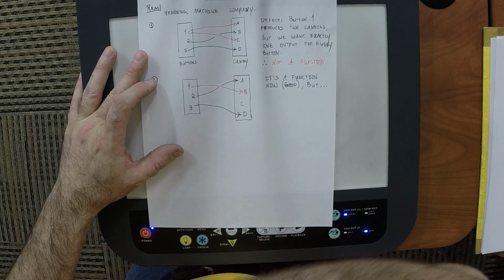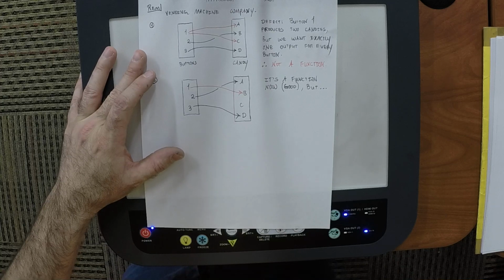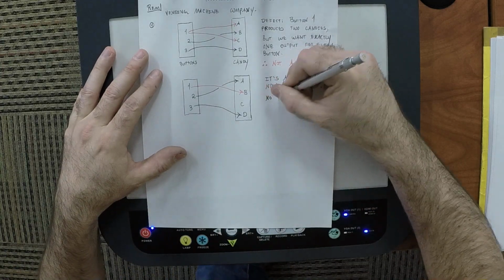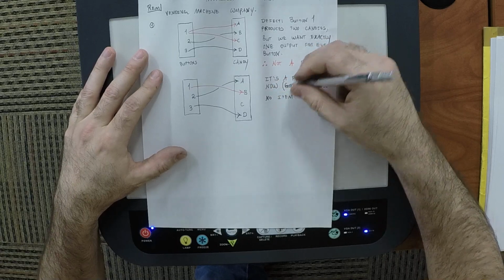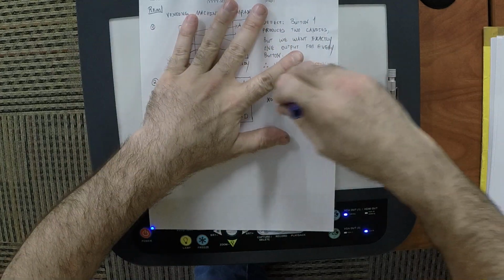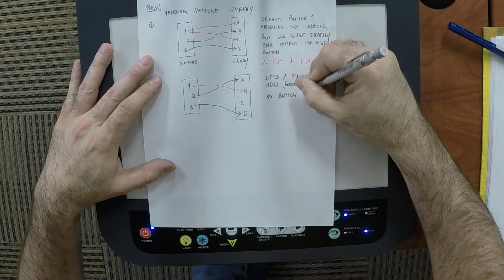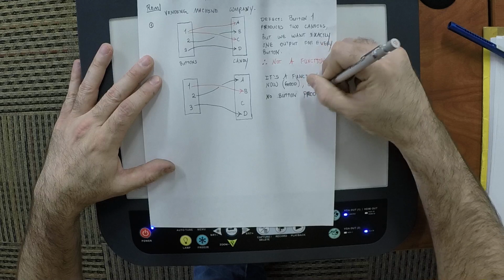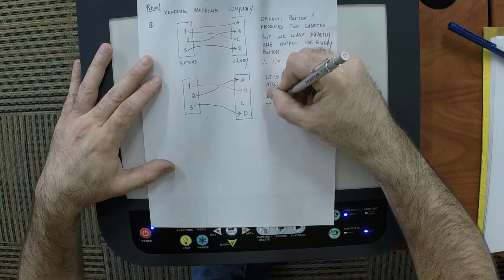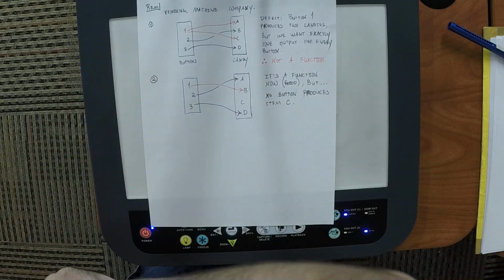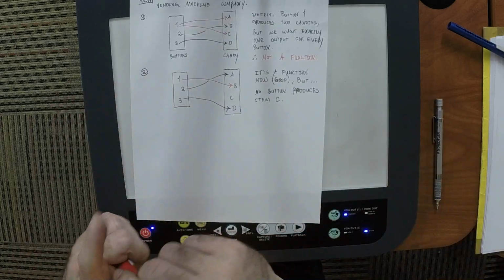Yeah. If you're going to display item C, then you need a button that will give you item C. But no button produces item C. If you're going to display an item, you need to be able to get an item. So it's a function, but it is not what?